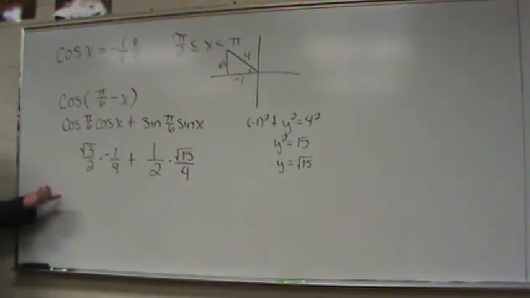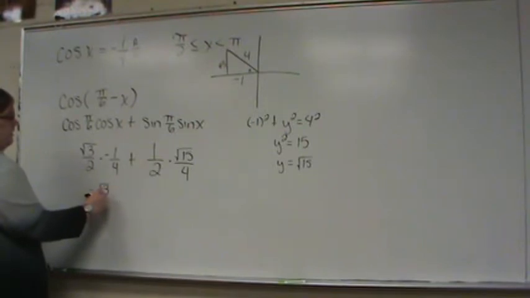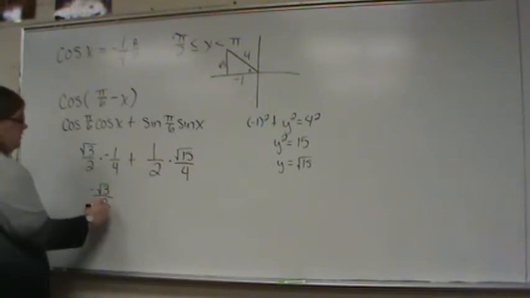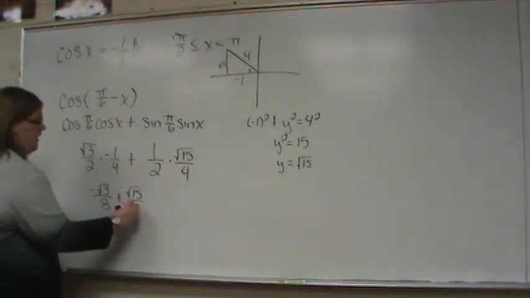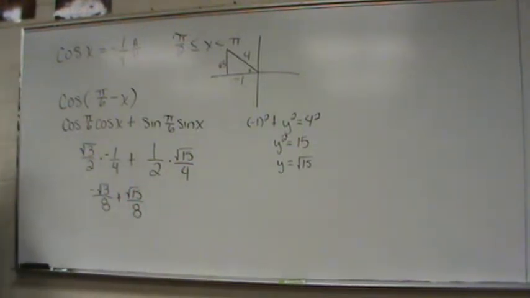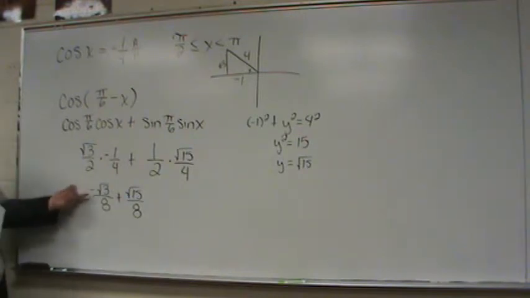So now we can simplify this just like we did yesterday. We're going to multiply our fractions across, so you're going to get negative root 3 over 8 plus root 15 over 8. We have the same denominator, so we can combine those. You can actually reorganize this if you don't want the negative out front, but you could write negative 3 plus root 15 or root 15 minus root 3.